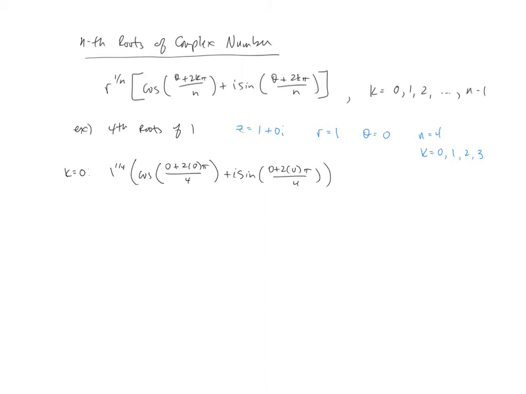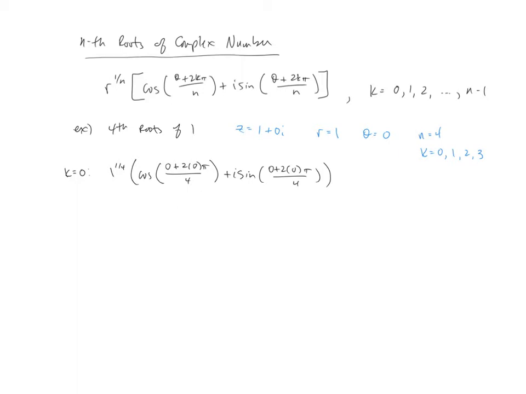And you can see, I'll point it out to you again. So we have our r value raised to the 1 over n, cosine of theta plus 2k, in this case k is 0, pi, all over the n value of 4. And this guy and this guy are the same.